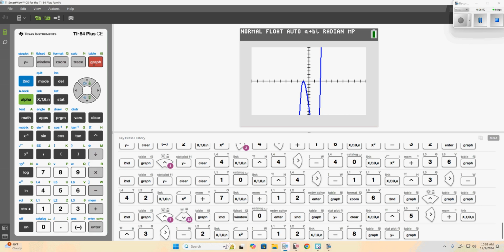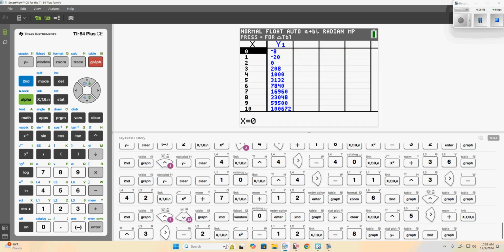Yep. So again, we're looking for what value of x will make the function equal 0. So if we go second graph, they'll start at different points, but here we're looking for it at 0. So we have -1 and 2.